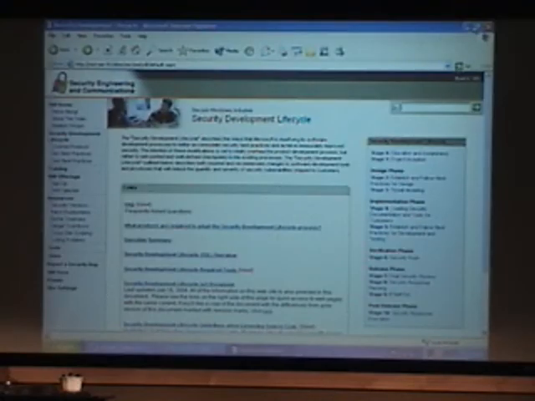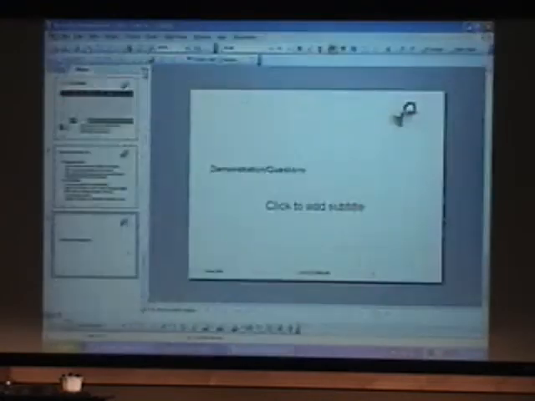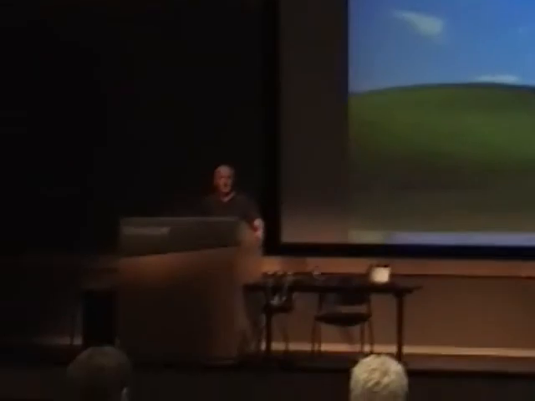So that's the sort of resource that you see if you're a developer at Microsoft or a program manager, a product unit manager, what have you. That's the sort of resource you see if you're starting to build a product, heard about this stuff called security, and you want to know about it. How did you find out about it?